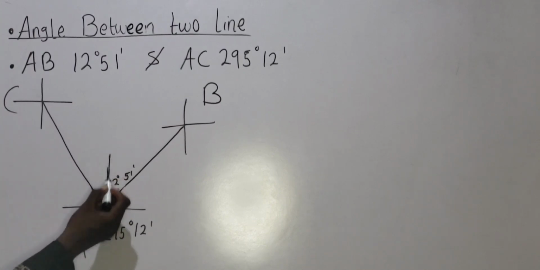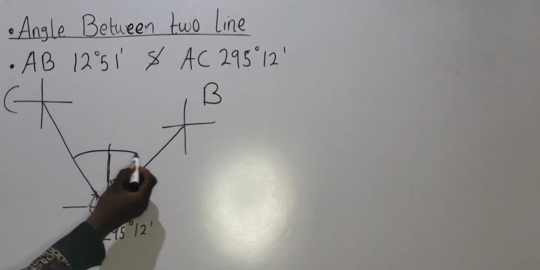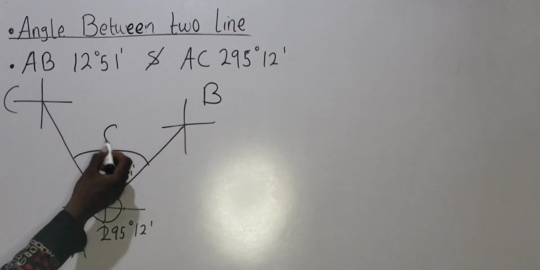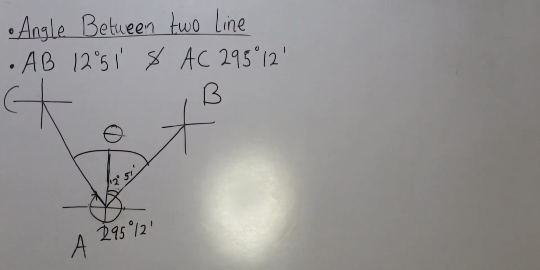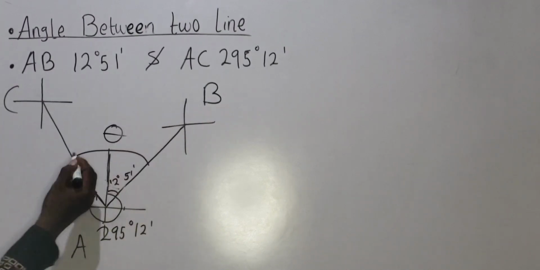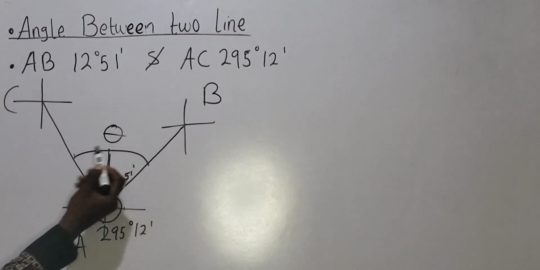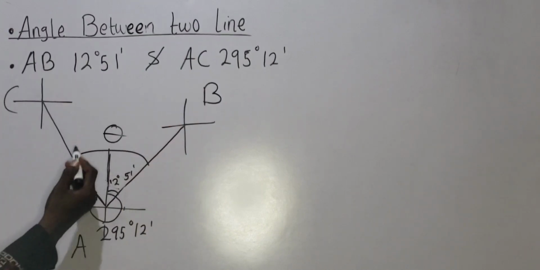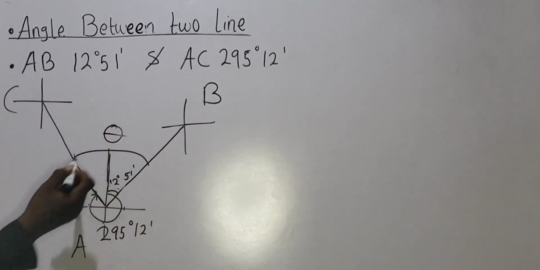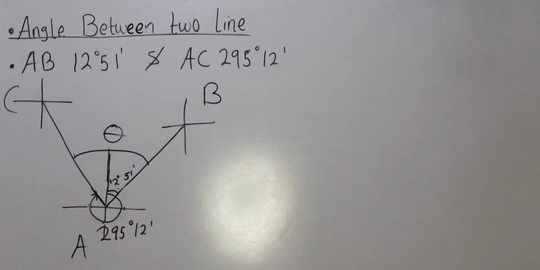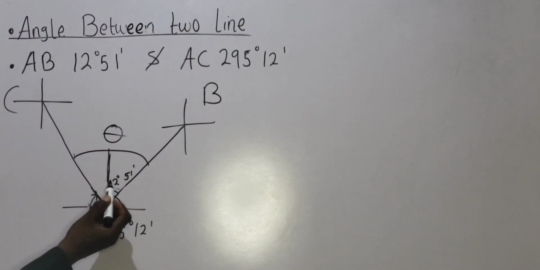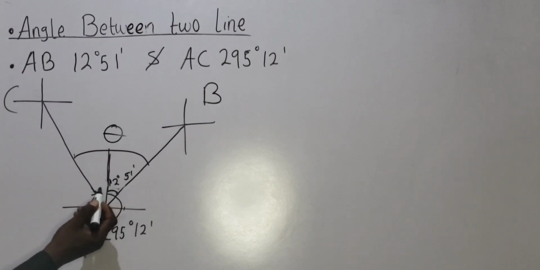The angle that I want to find is the angle between this line and this line. Let me represent it as theta. The angle between C and B is this angle. This is one line, this is another line. The angle between these two lines is theta. That is the angle that I want to get. Now, I know that the angle here is 12 degrees, 51 minutes.